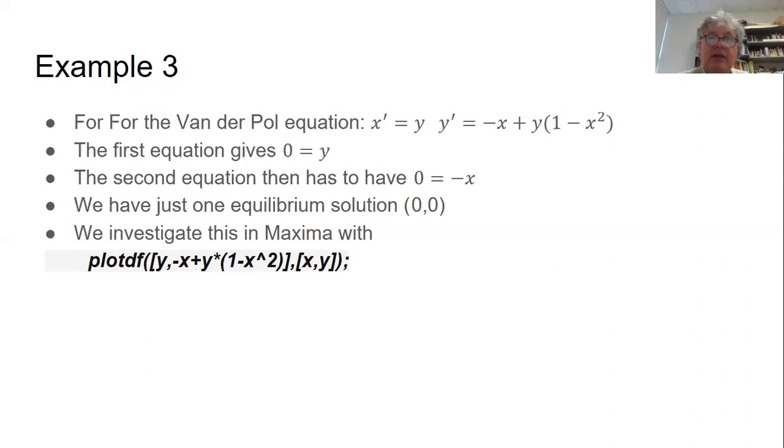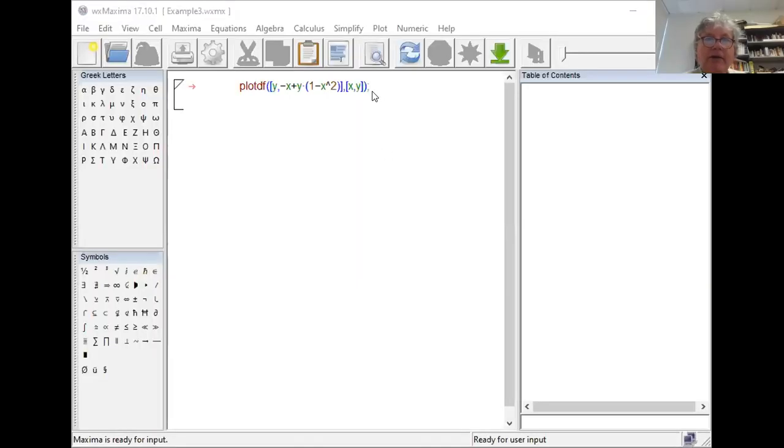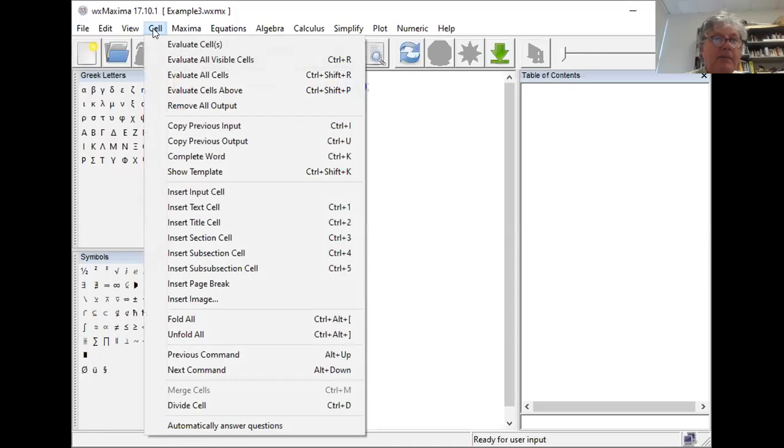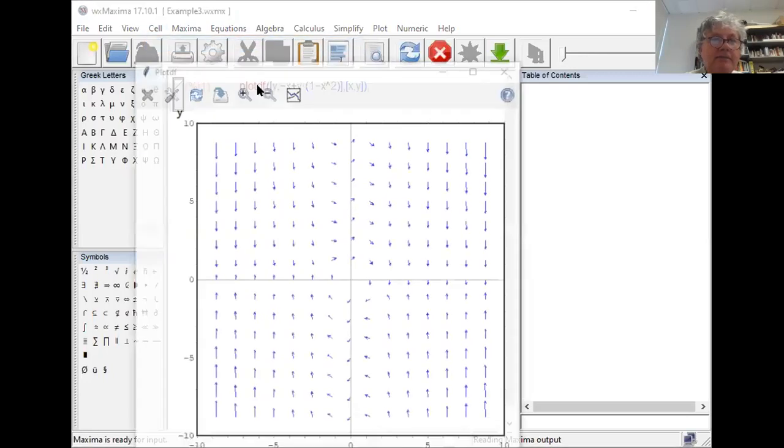So let's look at that with Maxima. Here I've plugged it into Maxima, and I'm going to evaluate the cell.